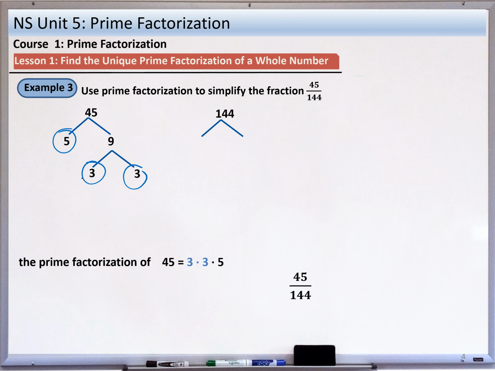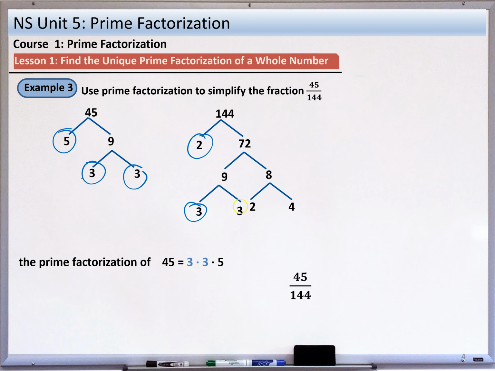Let's find the prime factorization of 144. 2 times 72. 9 times 8. We can find prime factors of 9, which is 3 times 3. And also 8 is 2 times 4. We're not quite done yet.